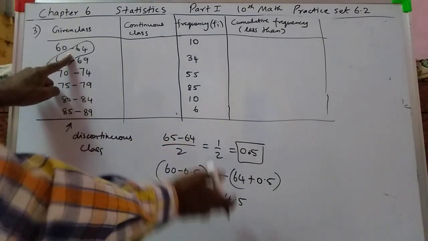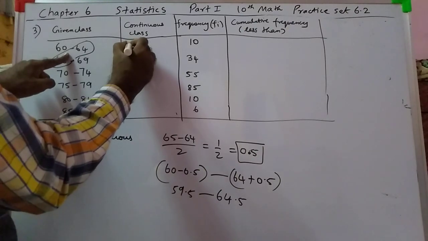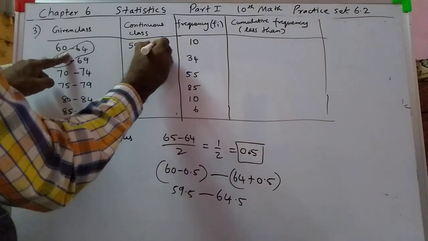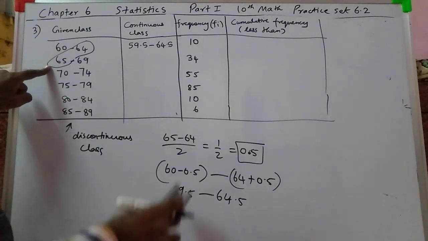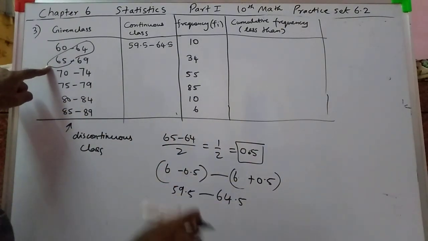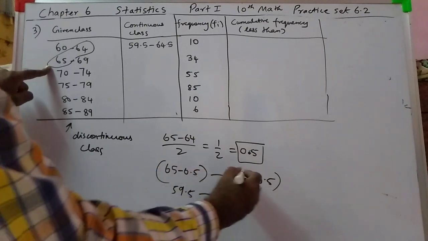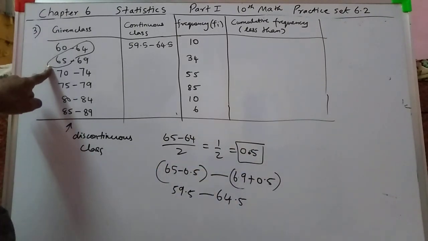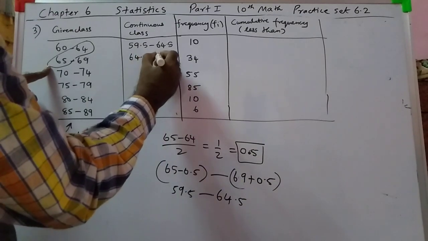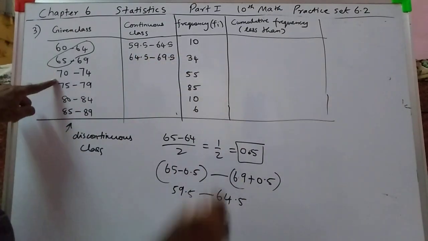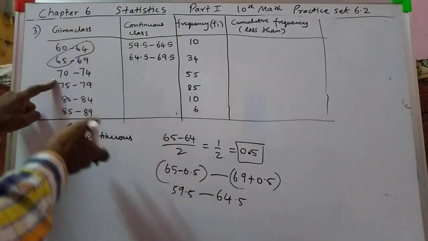So that we write it here: 59.5, 64.5. Similarly for this also you have to do this. 65 and 69, you will get 64.5 and 69.5. Like this you have to do for the rest.